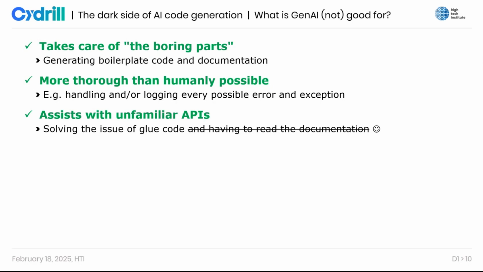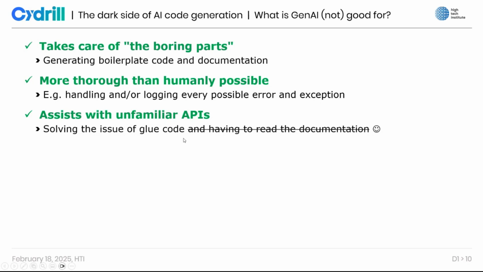So there's a lot of overhead, a kind of orientation, when we try to use these unfamiliar APIs, but these AI tools are actually pretty good at this because they know how those APIs work, in quotes, because they have been trained on all of that code. So they will be able to assist with that pretty well, and they will write glue code for us.